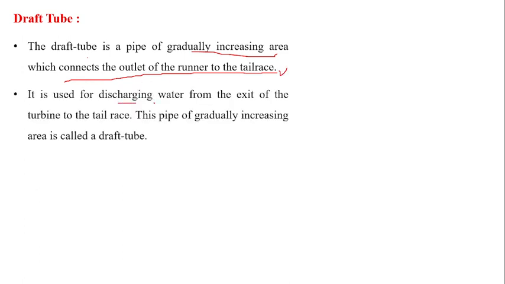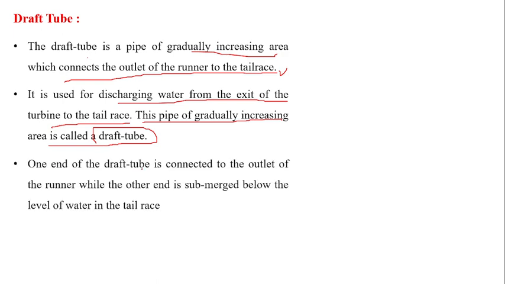It is used for discharging water from the exit of the turbine to the tail race. One end of the draft tube is connected to the outlet of the runner, while the other end is submerged below the level of the water in the tail race.